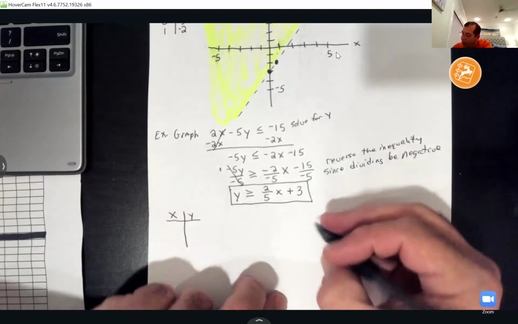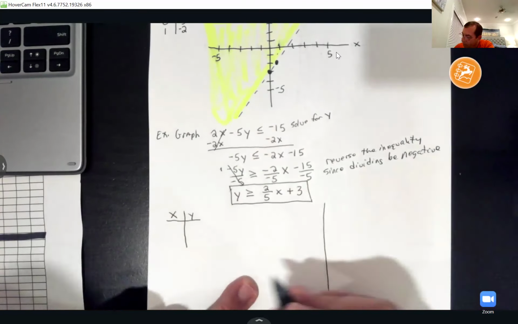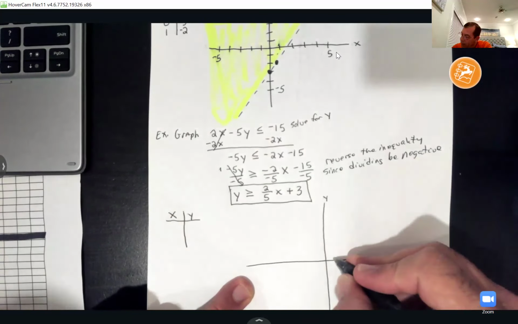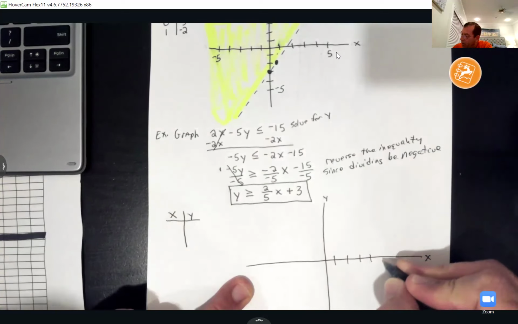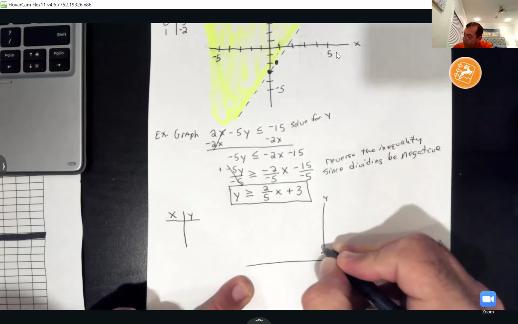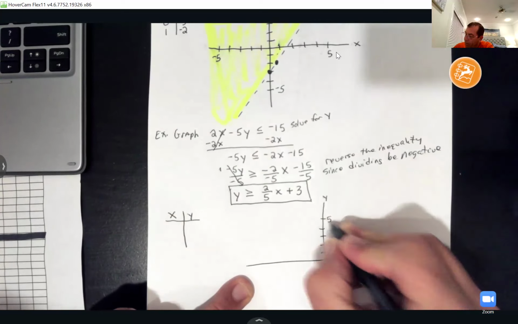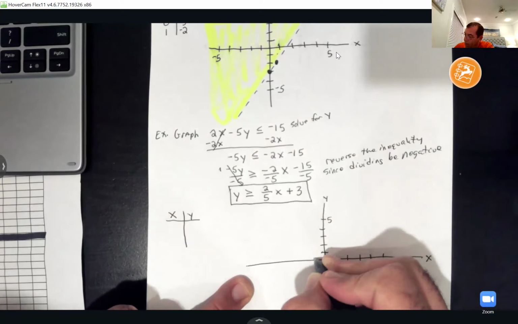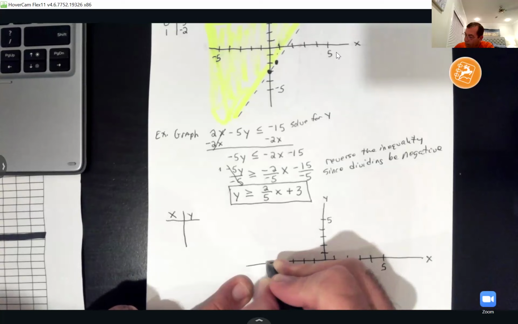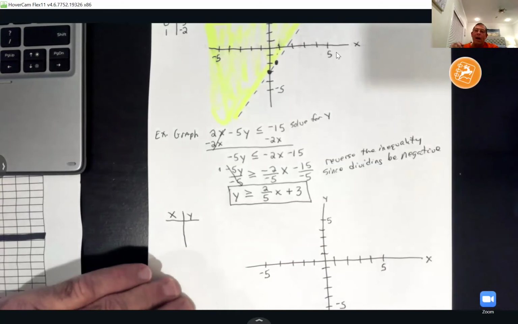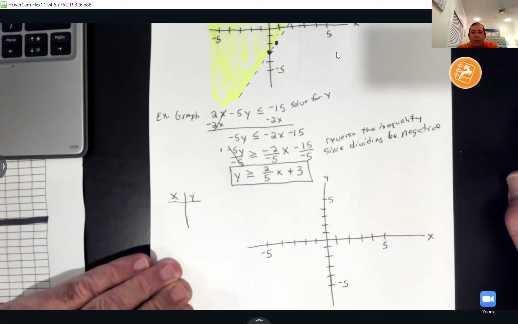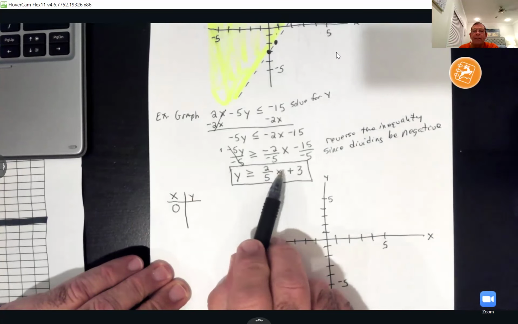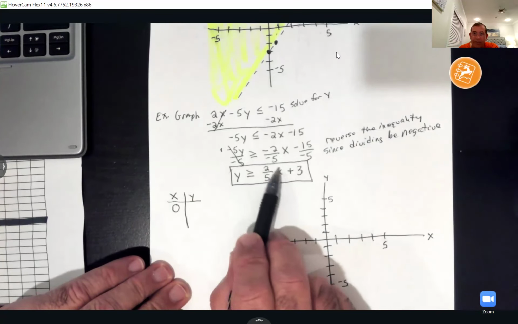All right, y'all, so let me get my graph ready because I'm about to get my 2 points here. So let's see, I'm going to go out 5 to start. I always use 0. So I will use 0 on this one. If I put a 0 in for the x, 0 times 2/5 is a big 0.